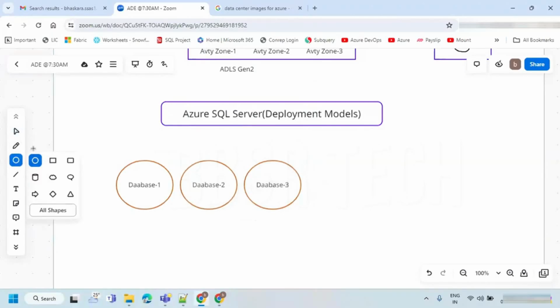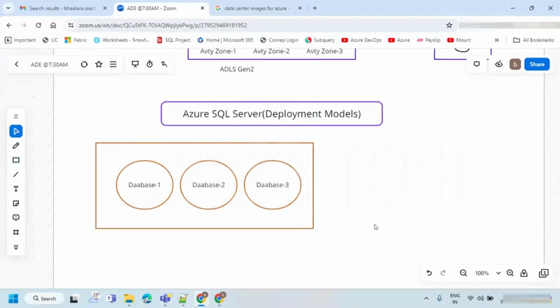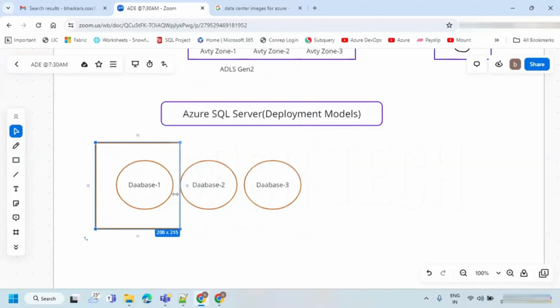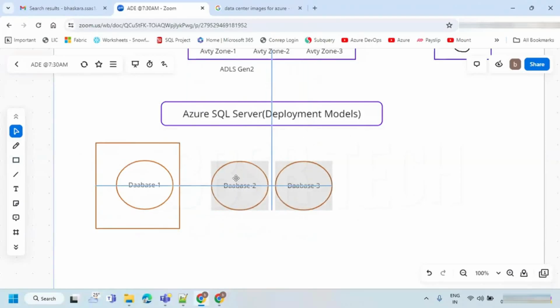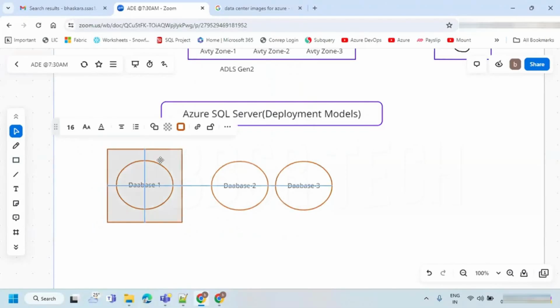I'm trying to make this understandable in the easiest way.